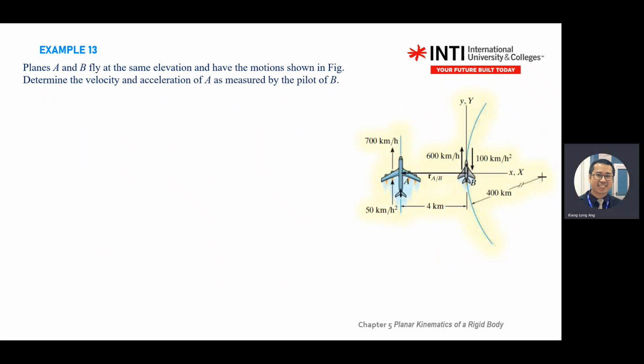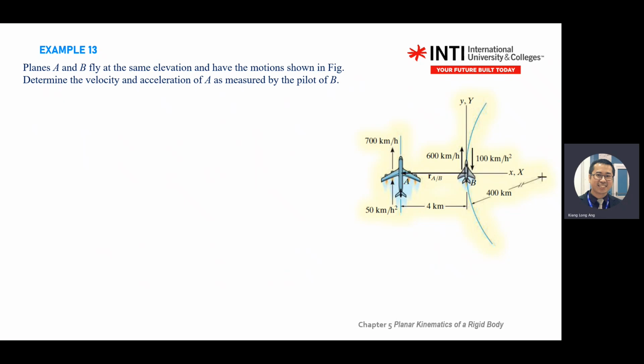Okay, the last example for this chapter is this one. This question came out once for this module, and once in the final exam. So you have two planes there, one in circular motion, one in linear motion.